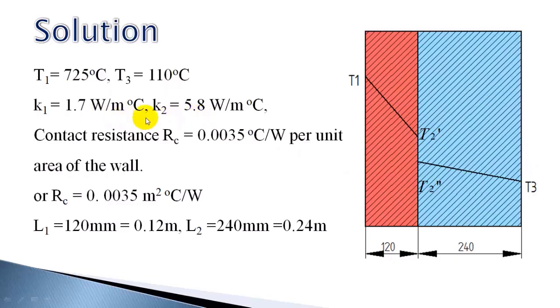Thermal conductivity is 1.7 and 5.8 watts per meter degree centigrade for these two layers. Between these layers, there is a contact resistance of 0.0035 degree centigrade per watt per unit area of the wall.